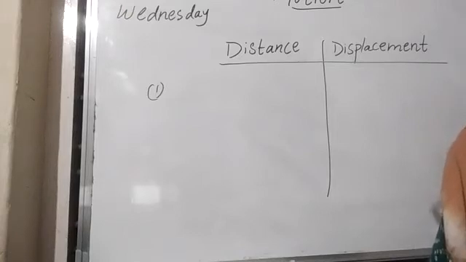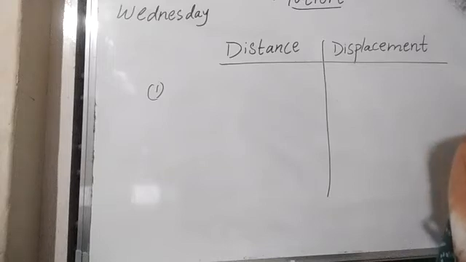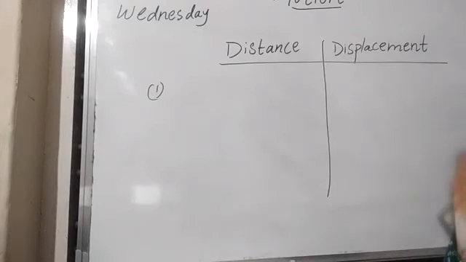And displacement is a vector quantity. What is meant by vector quantity? A physical quantity which is expressed using the magnitude as well as direction. Magnitude is what is measured. For example, 20 kilometers towards east.